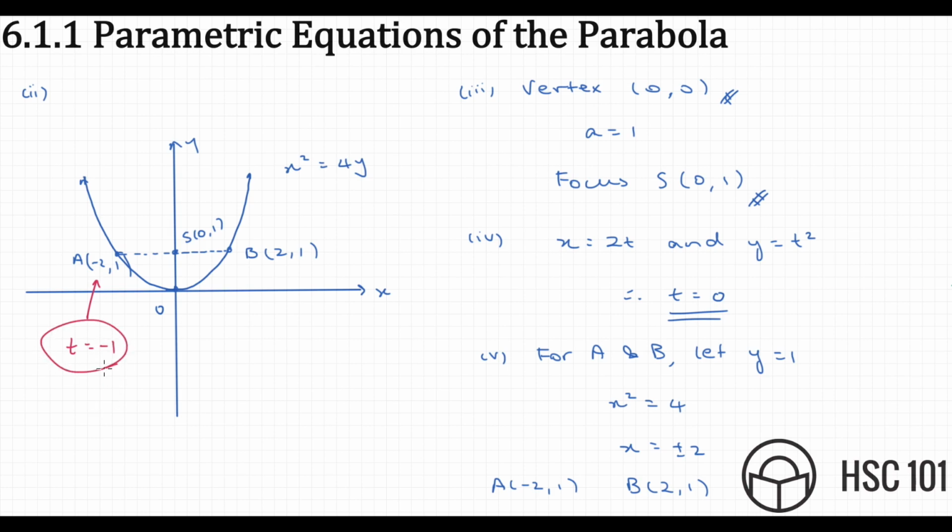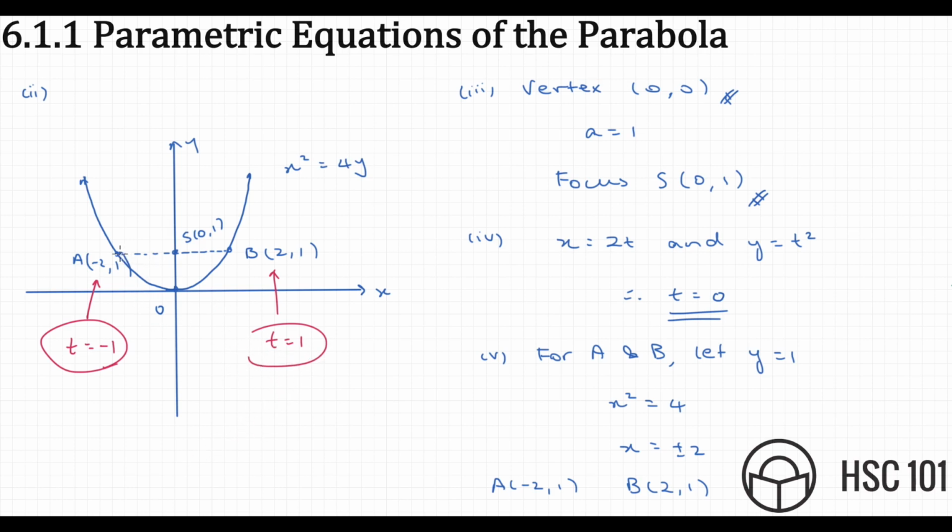This single parameter defines this point, both the x and the y value. If I look at B, given by (2, 1), if I want 2t to equal +2, that indicates that t equals 1. And if t equals 1, y equals 1 squared, which is +1. So point B is defined by the parameter t equals 1.